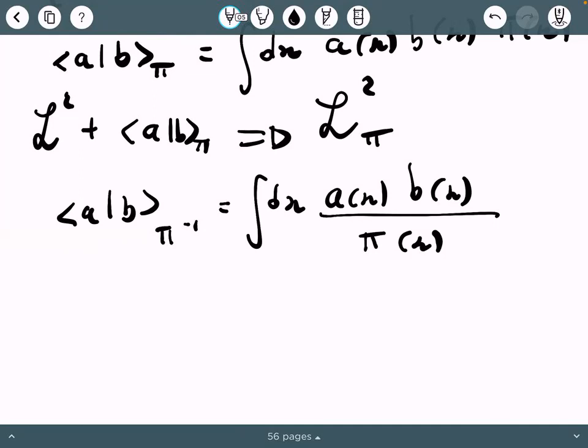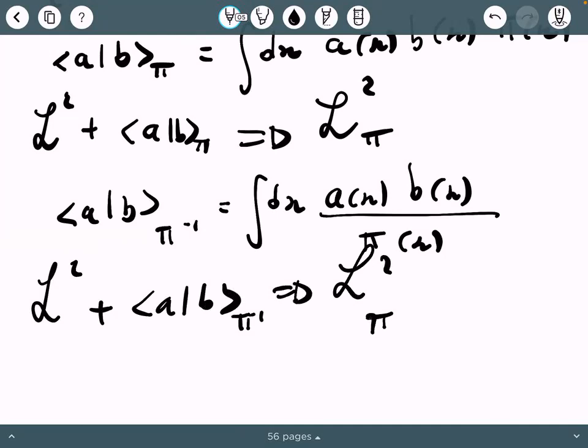And not surprisingly, the space of L2 equipped with this new inner product will be denoted as L2 pi to the minus 1. Does it sound okay, right? Nothing particularly difficult to digest. Okay.